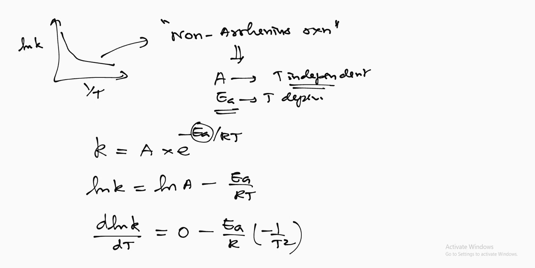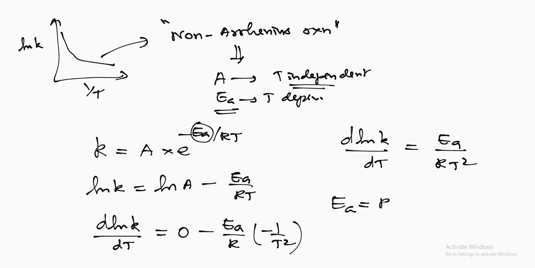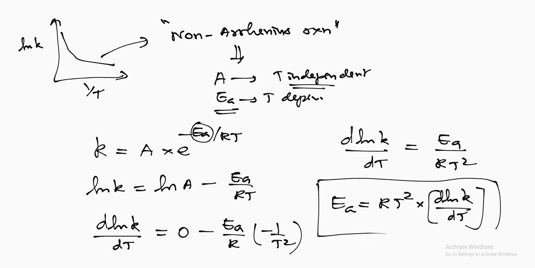So what we'll get is d ln K by dT equal to EA by R T square. Or EA is equal to RT square into d ln K by dT. Yes, this is the equation. By making use of this equation, you can calculate activation energy for non-Arrhenius reactions.